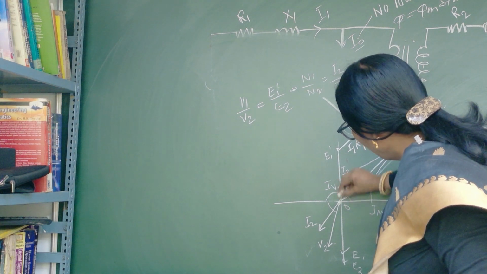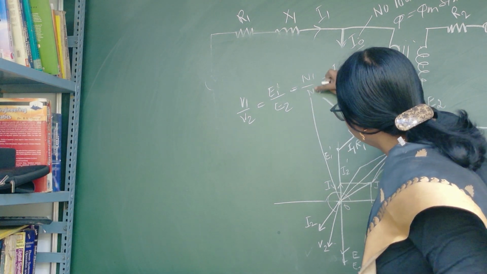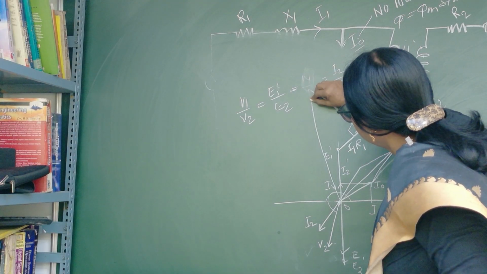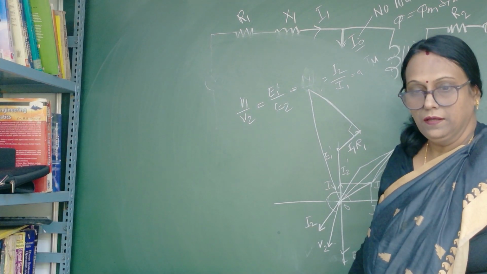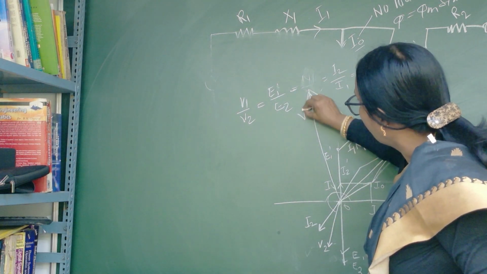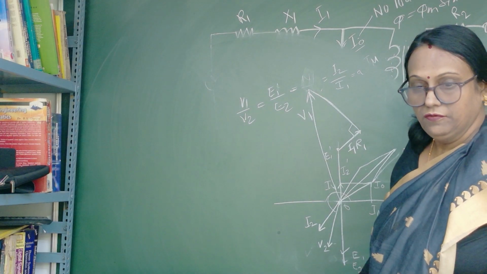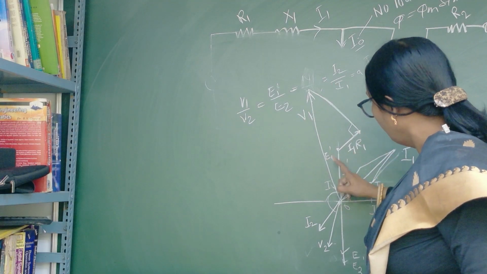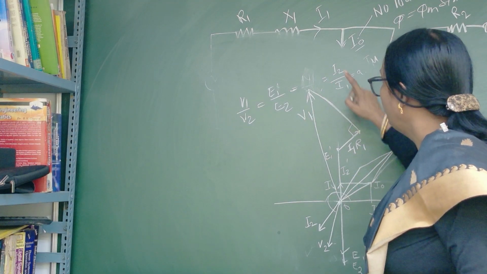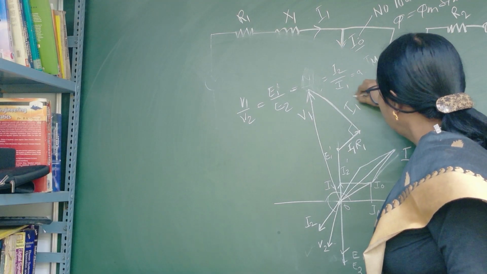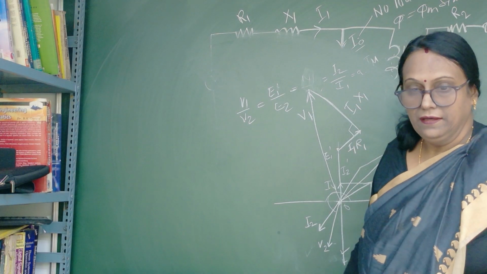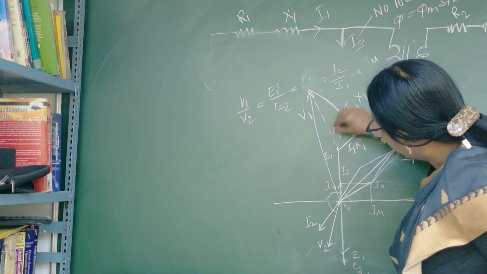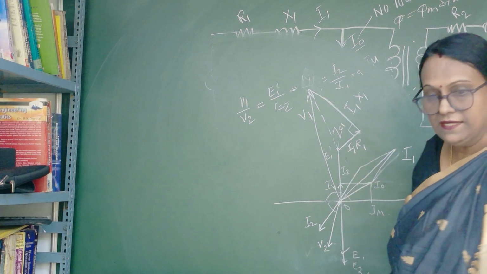Now you connect O with this. This is your V1. So V1 is the phasor sum of E1 plus I1 R1 plus I1 X1, and this one is the equivalent impedance on the primary side, ZE1.